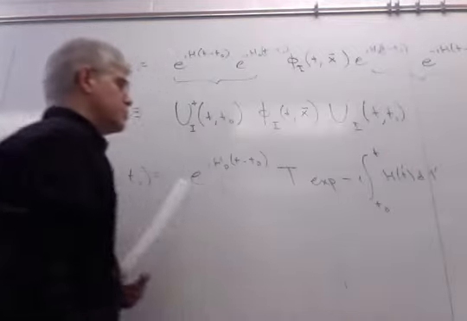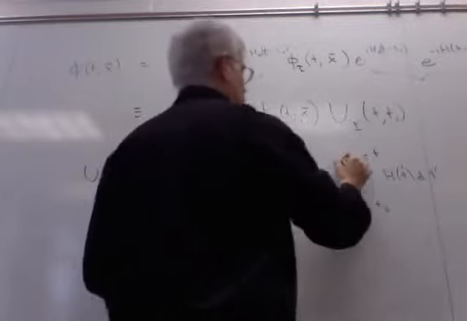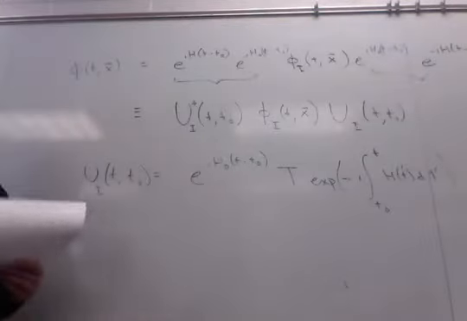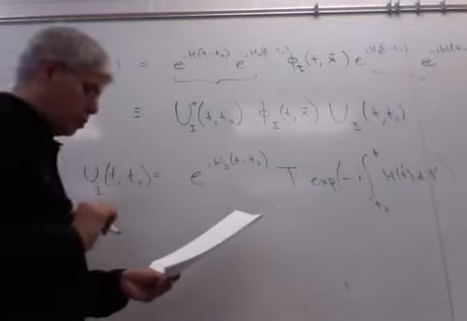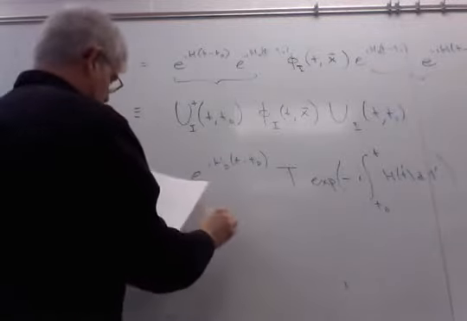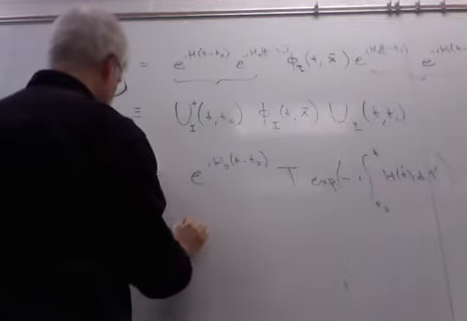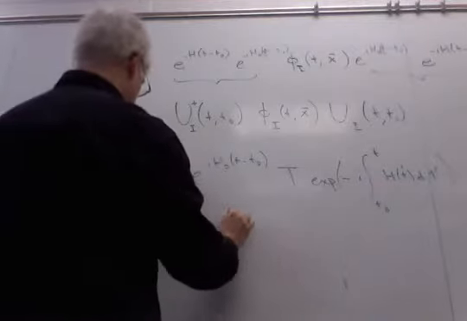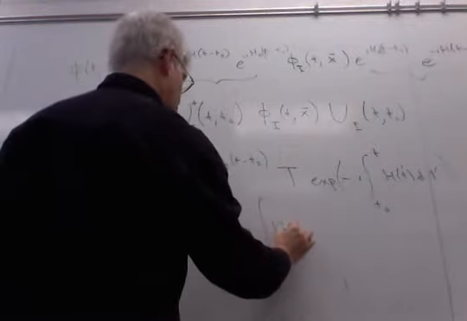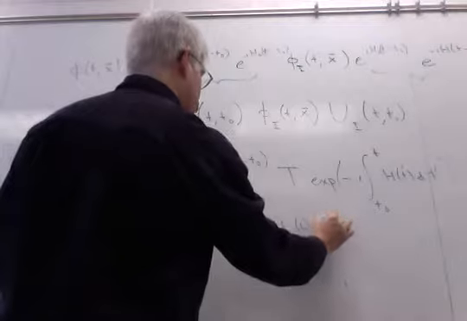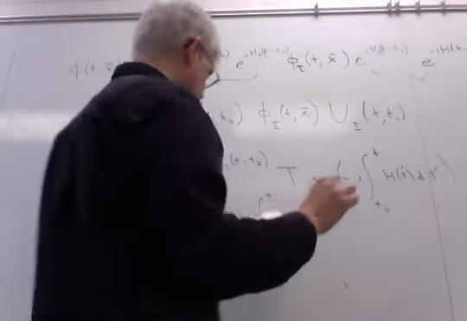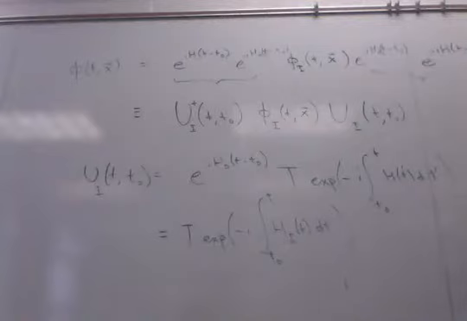Like so. Okay, so you can show, and you will show, that this is equal to the time-ordered exponential of something called the interaction picture Hamiltonian, where H sub I is time dependent, even if the original Hamiltonian is not time dependent, the interaction picture guy is.